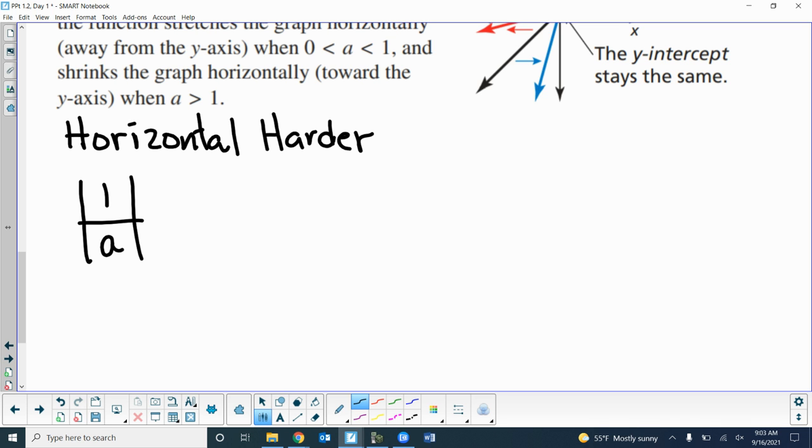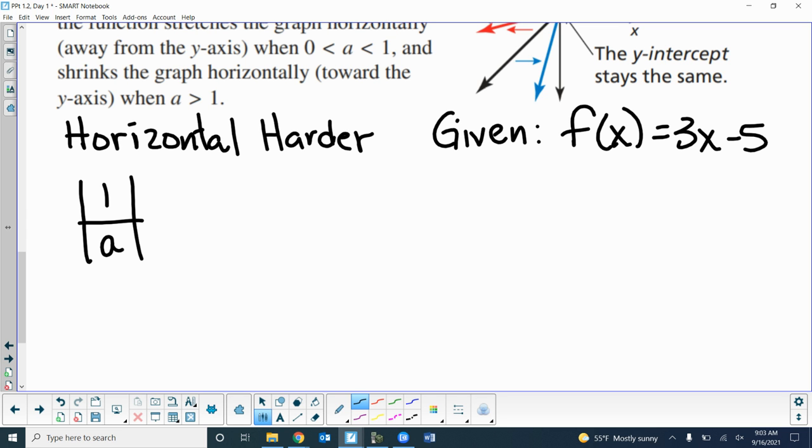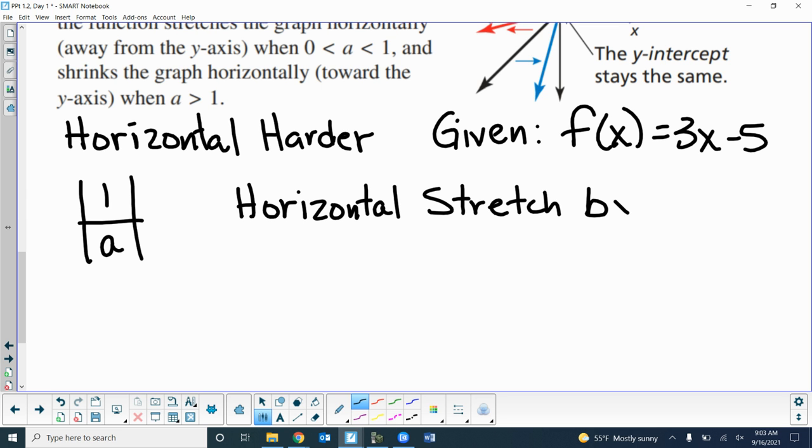So we're still given the same function we've been working with. F of x is 3x minus 5. And I want to do a horizontal stretch by 2. So you can think of it as 1 over 2, which is 1/2, right?